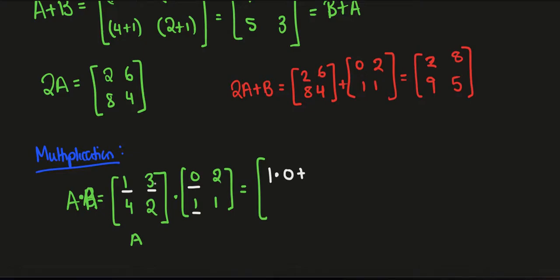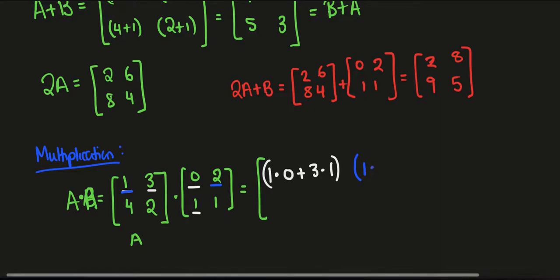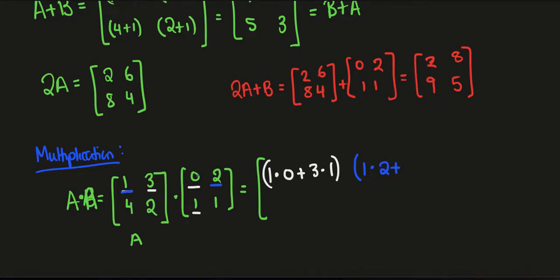So 1 times 0 plus 3 times 1. That's the first entry of the new matrix. For the second one, we're going to do 1 times 2 plus 3 times 1.